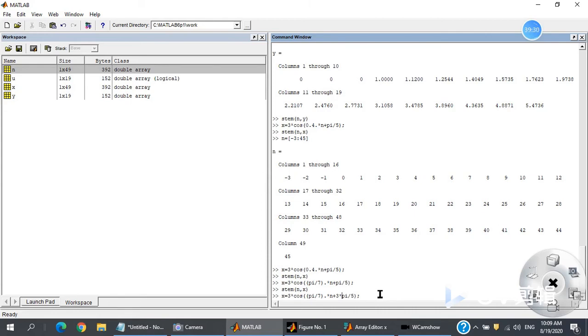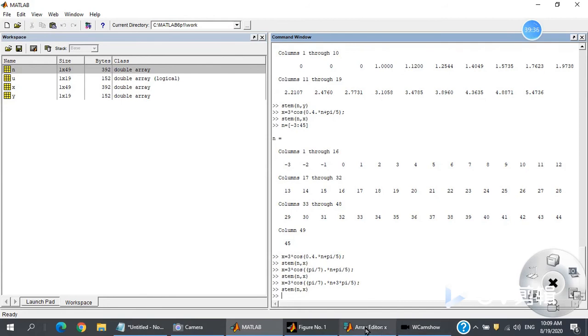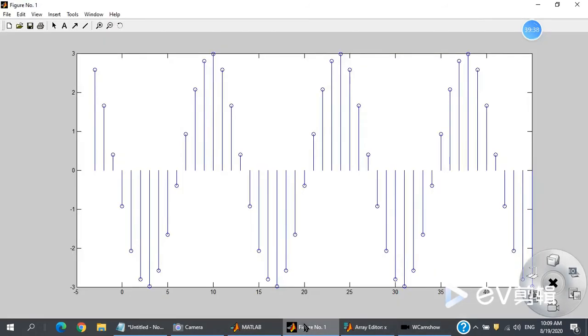This is the new x, a different x, and we can see how it looks like. It's similar, right? Still the same waveform, just the phase is different, and it's also periodic.